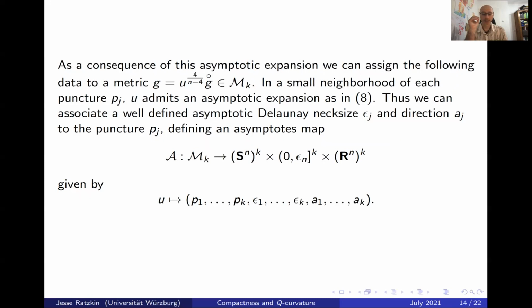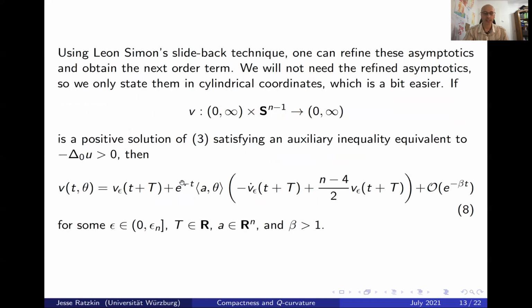recalling that in my next order term for the refined asymptotics, in this term that decays like e to the minus t, I have the inner product of some fixed direction vector A with theta.